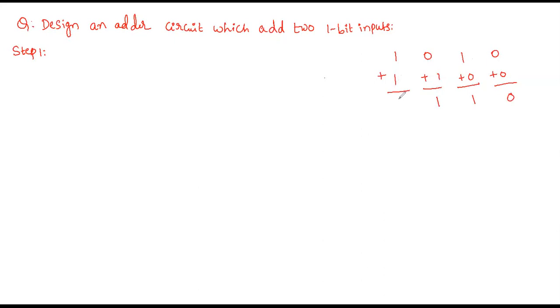But in binary, 2 can be written as 1, 0, where we call 1 the carry and 0 the sum. So this circuit has two output pins and two input pins.